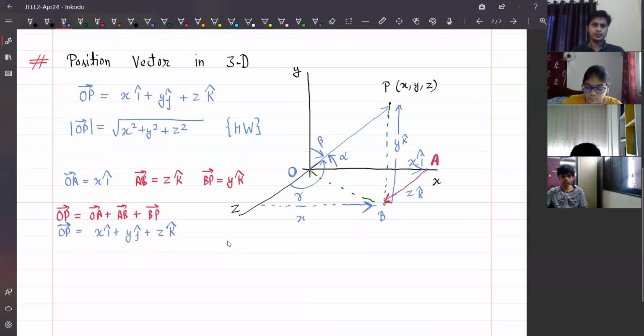Then here we write cos alpha. So in this right angle triangle, we write cos alpha as the x coordinate upon the length of the OP vector. If you define the length as L or length as R, cos alpha is x by r, cos beta is y by r, and cos gamma is z by r.